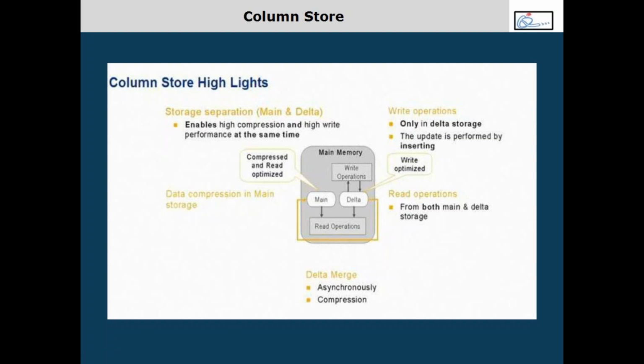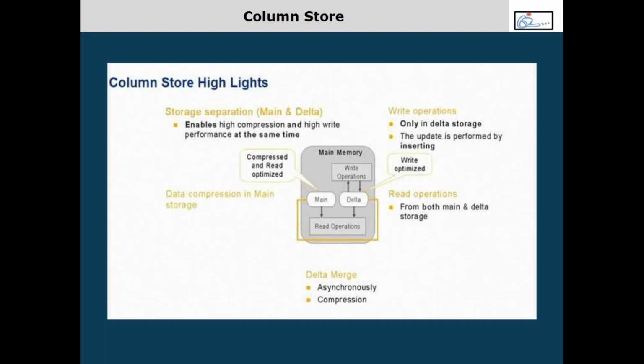Okay, boss? Since my delta storage is optimized for writing, my write operations are faster because every write is done on what? Delta. Every write is done on the delta table, and the delta table is optimized for writing. It is more of a row store mechanism, so it is optimized for writing. I can write it very fast.